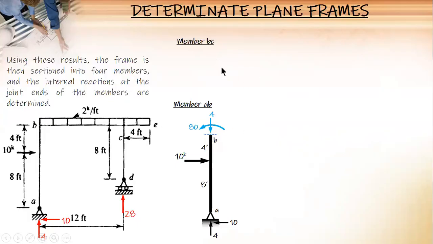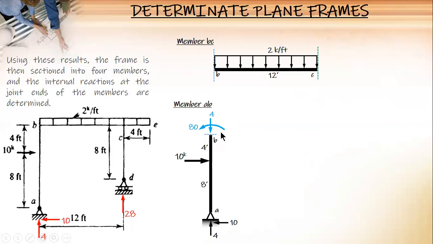And then BC, cut ka sa B, cut ka sa C. Transfer ni upward on 4. Ang 80 is clockwise na. And then get the resultant, 2 times 12, 24. So 4 upward, 24 downward. Sobra og 20 downward. So 20 upward ni.